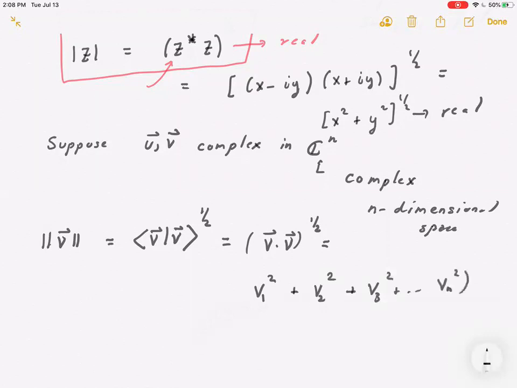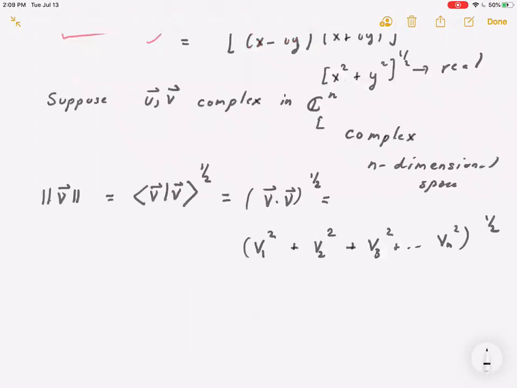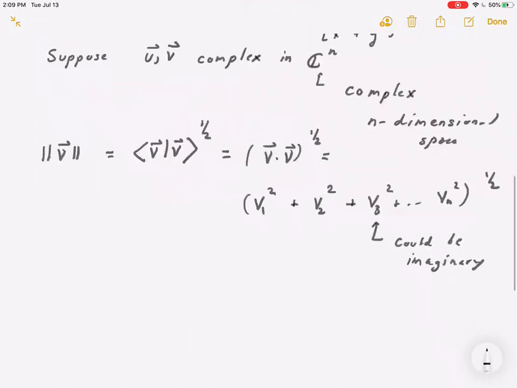But again, you see the same problem is in play. The problem is that this term could be imaginary, or any one of these terms, or all of these terms. So this is not the right prescription for how to evaluate the norm of a complex vector.